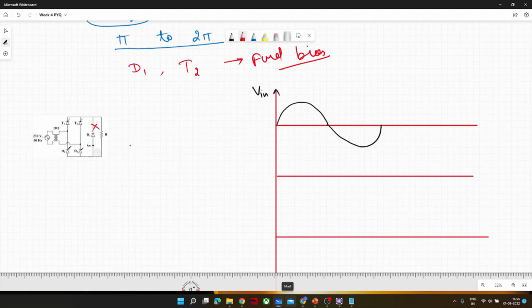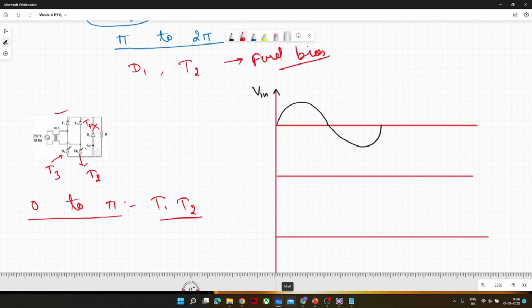Let's say this is T1, this is T2, this is T3, and this is T4. From 0 to pi, ideally T1 and T2 would be forward biased.